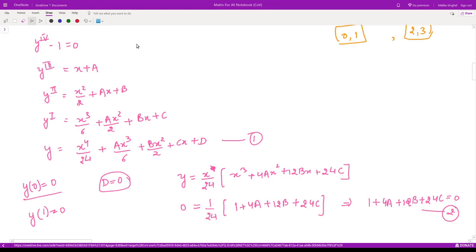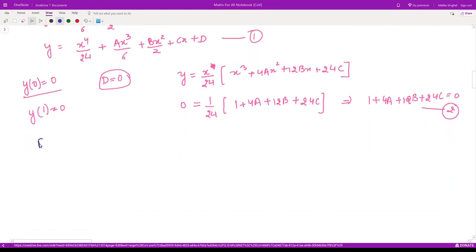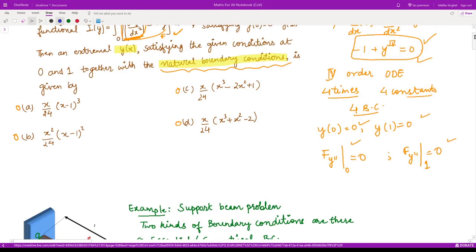Again, let us use the natural boundary conditions. What are those? We have to find the derivative of f with respect to y double dash at the point x is equal to 0, and the same at the point x is equal to 1. This is also equal to 0. So what was our f?